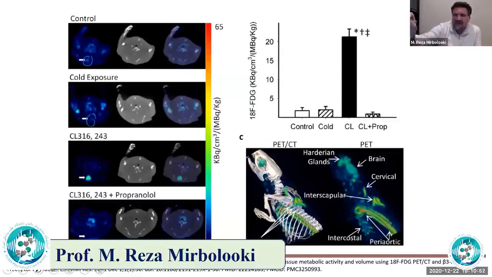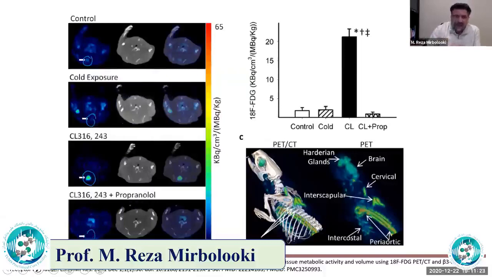So this will be the cold exposure, this will be control, but it's not that big a difference, right? So 2 hours might not be good enough. Some articles did like 6 to 8 hours. But when we injected CL316, you see that the effect is completely higher, and it activates brown fat. We added propranolol when we injected the CL316 in another group, and we saw that the effect was gone.